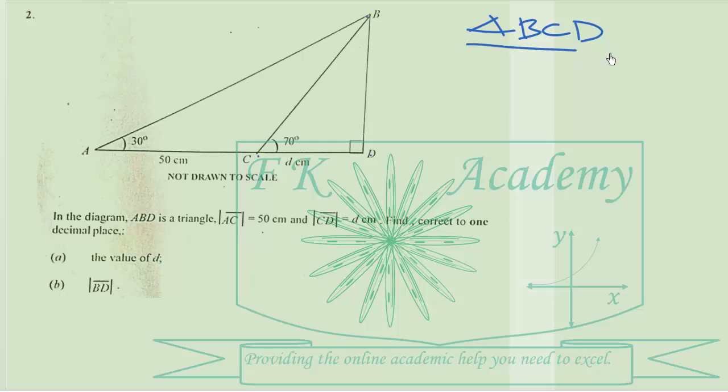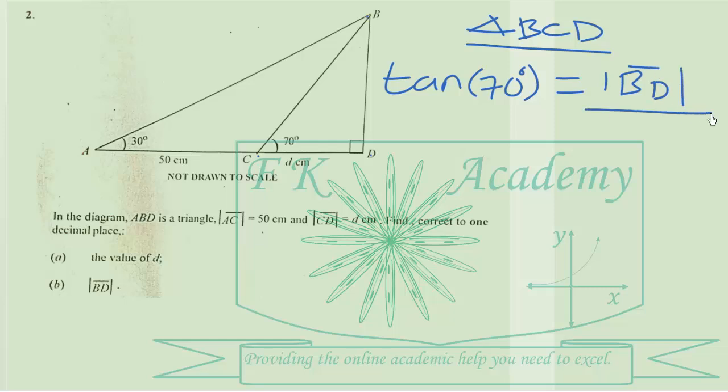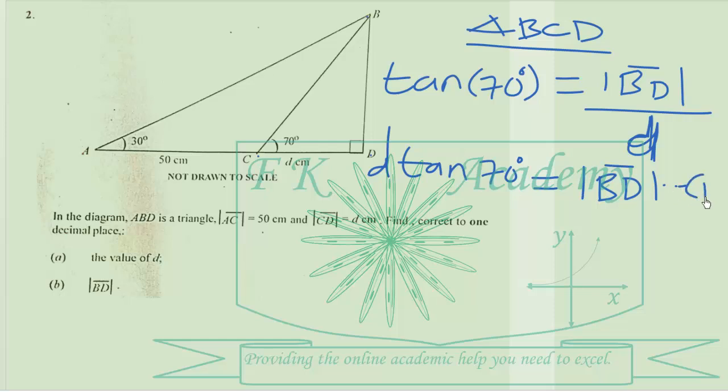From this triangle BCD, we can take tan of 70 degrees, and that will be equal to BD, the magnitude of line segment BD, over D. So we can multiply both sides by D to get D tan 70 is equal to BD. I can call this equation 1.